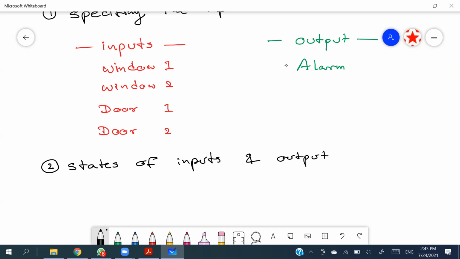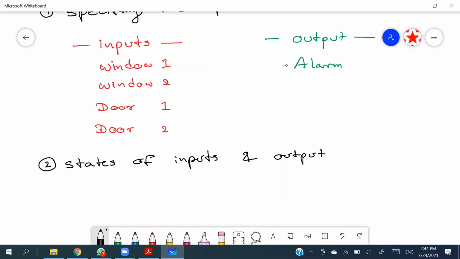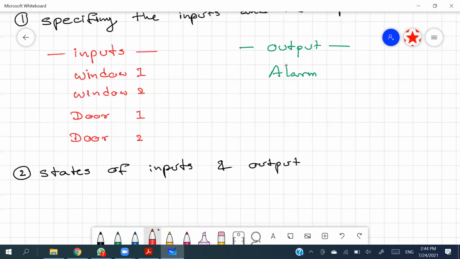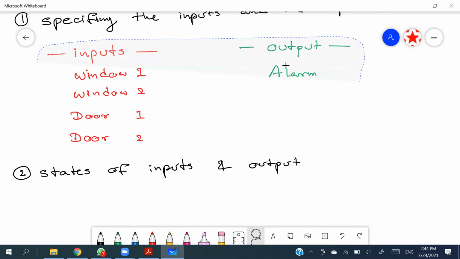Since it is the very first time that we are talking about this, I'm going in this descriptive manner. But when you are going to do these things, you can go straight to the point. You will realize how things are going to happen. So then we figure out the states of the inputs and outputs. To do that, I'm going to take the same scenario over here, same content.